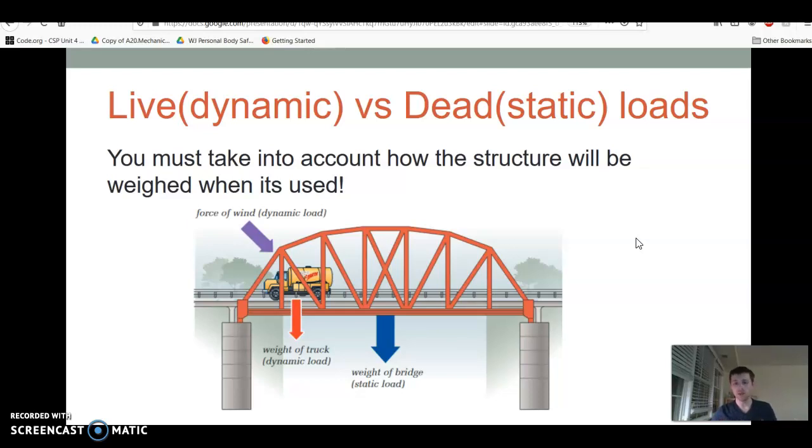Whereas live loads are something that might come and pass, or might change over time, or could vary. Something like the wind is a dynamic load. You don't know how much wind you're going to experience all the time, but you can estimate it and you can account for it. And similarly, weights of cars and things like that.